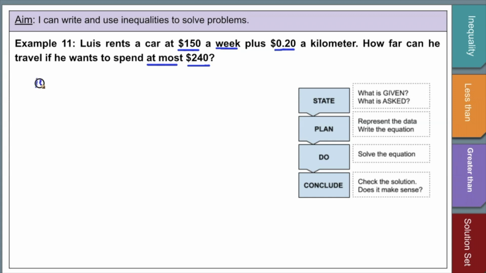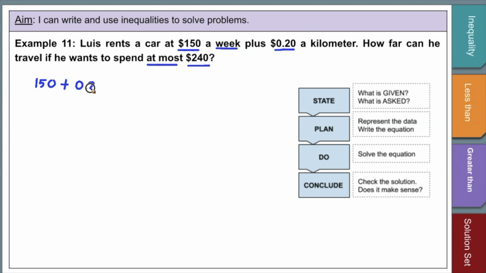Let us represent the data using our constants and a variable. And there's one change that we have to apply. Instead of writing an equation, we are going to write an inequality in this problem. So we know that he rents a car at $150 a week.